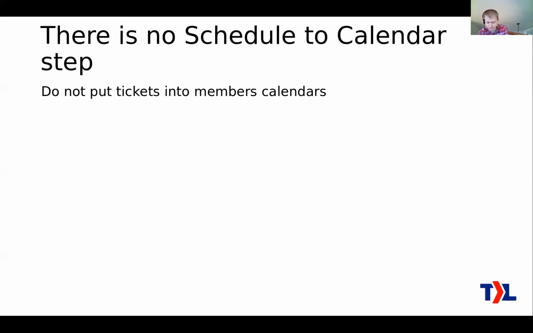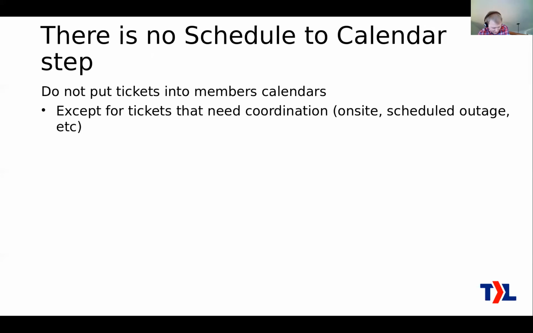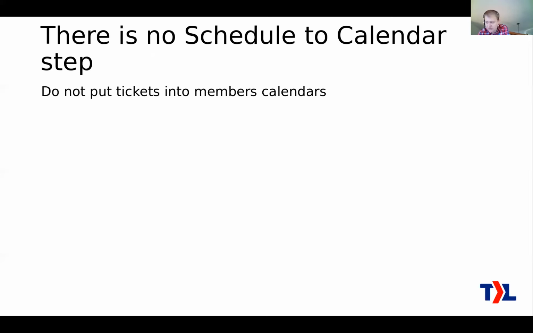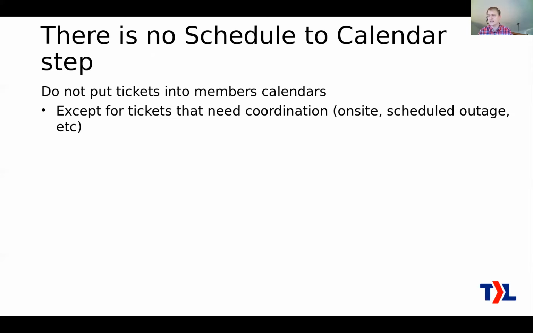That's very, very fragile. Again, this is one of the things that we talk more about in the service webinars. But basically, Kanban gives you sufficient control over the work so that you don't have to put it in the members' calendars anymore, unless it's tickets that need coordination.